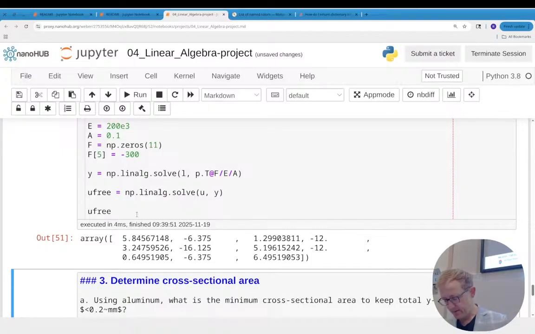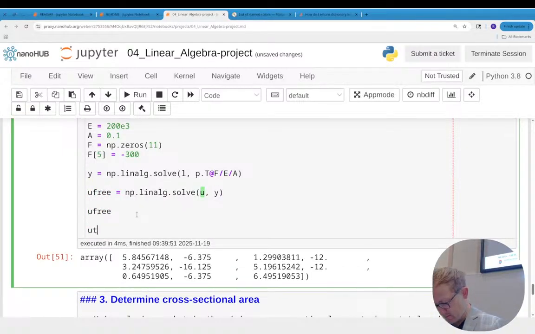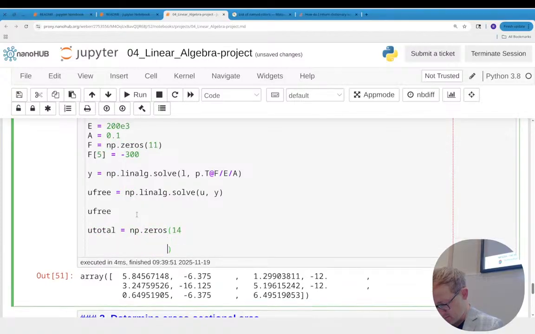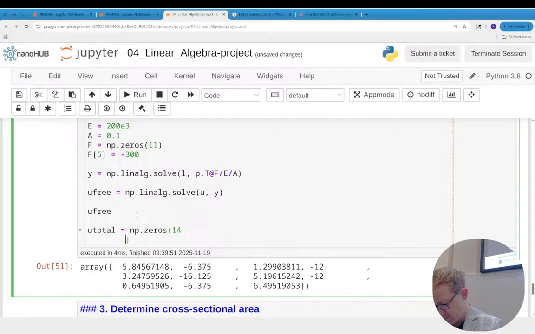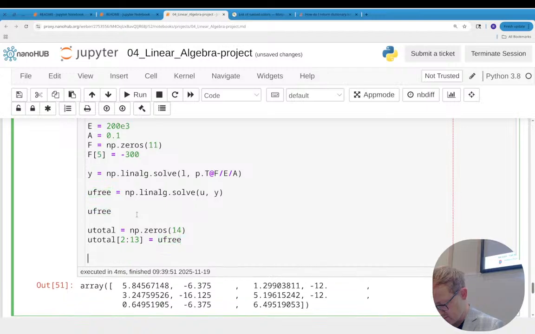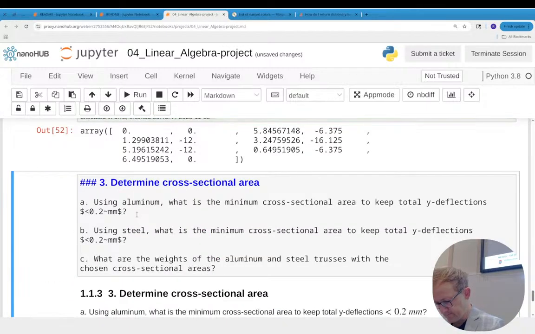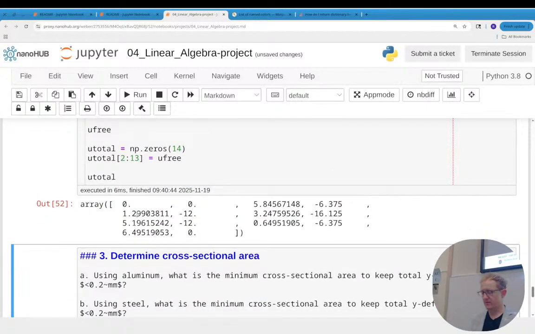Because I also have boundary conditions that say node 1 has to be 0 and 0.